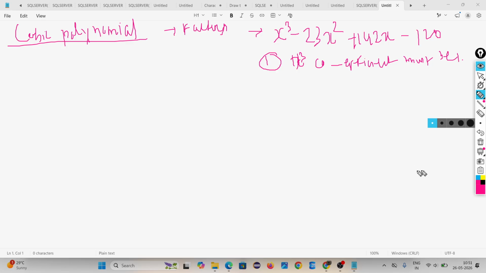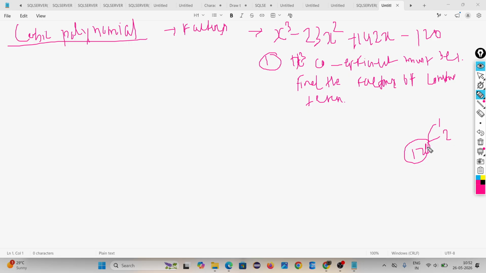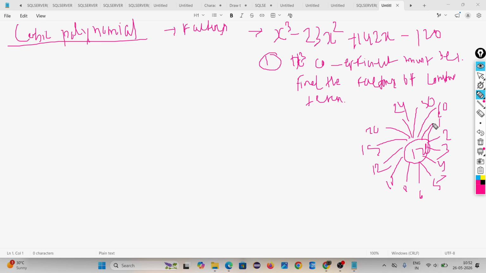Tell me one thing. Here 120. Then find the factors of the constant term. 120 factors: 1, 2, 3, 4, 5, 6, 8, 10, 12, 15, then after 15, 20, 24, 30, 60, and the number itself.